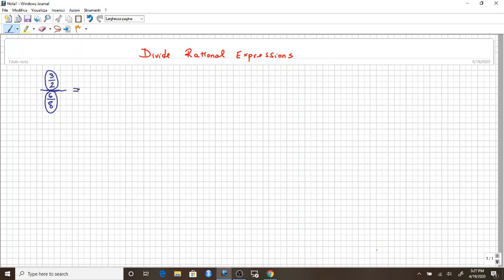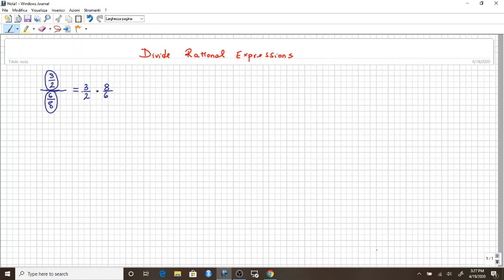This is equivalent to going from a division to a product of 3/2 with the reciprocal of 6/8. Reciprocal means we flip numerator and denominator, so this is the same as 3/2 times 8 divided by 6. Now it becomes a product and we can simplify.